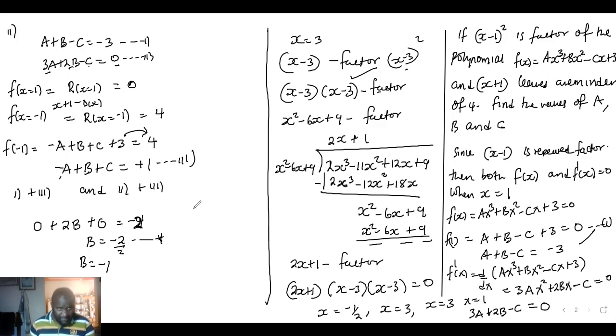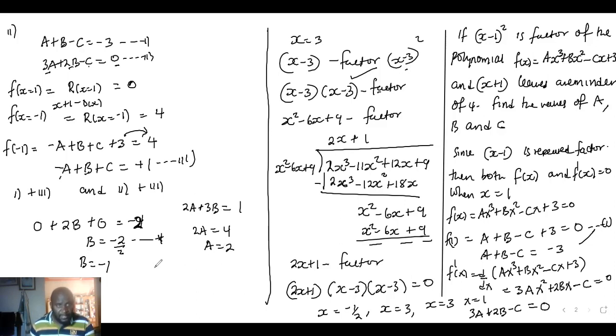So if B is negative 1, when I add 2 and 3, I'll get 2A plus 3B is equal to 1. So with this, we shall have 2A is equal to 4. So A is equal to 2. Correct.